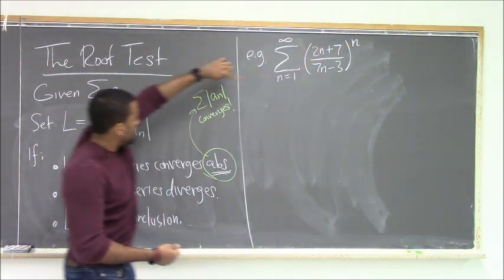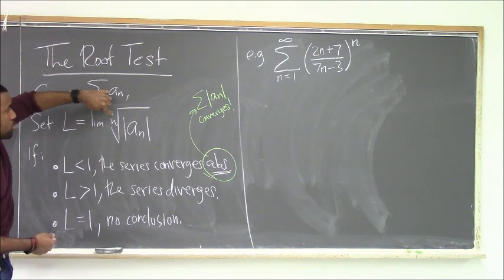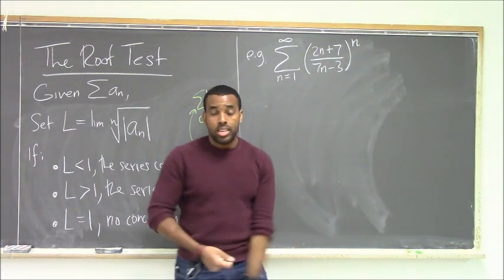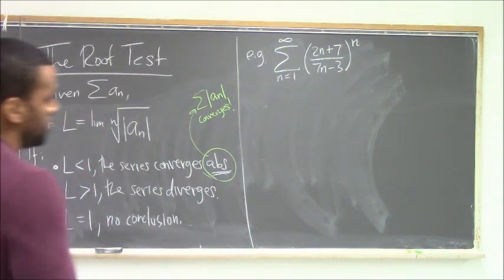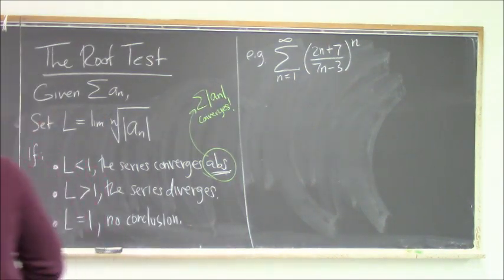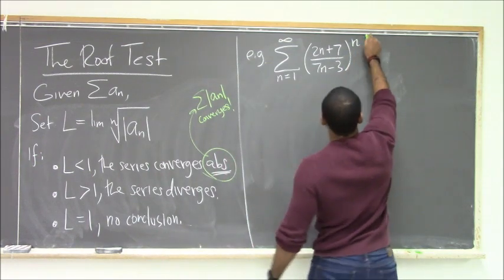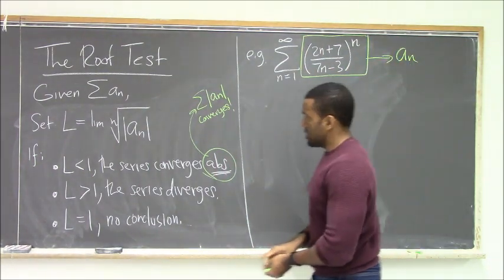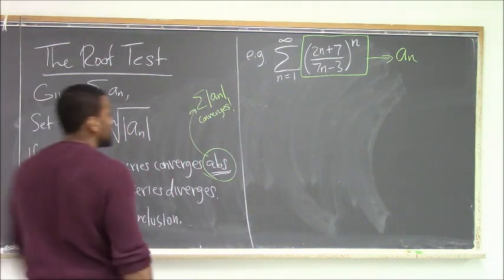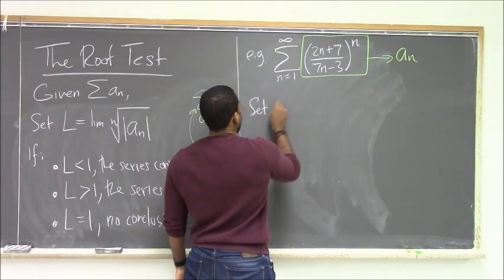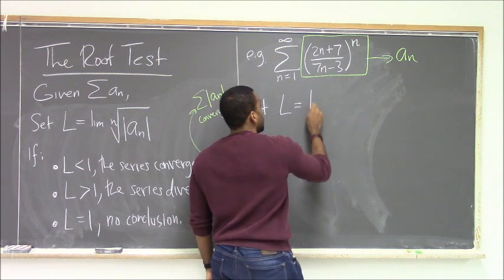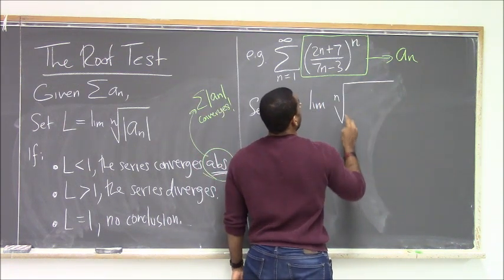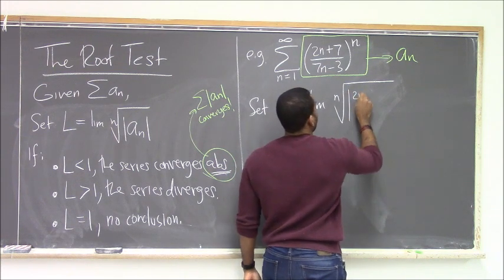You see, the root test requires us taking an nth root, which means it is particularly useful to simplify things that have the power of n. And so this here is my a_n. And so what I'm going to do is set up this limit. Set L equal to the limit of the nth root of the absolute value.